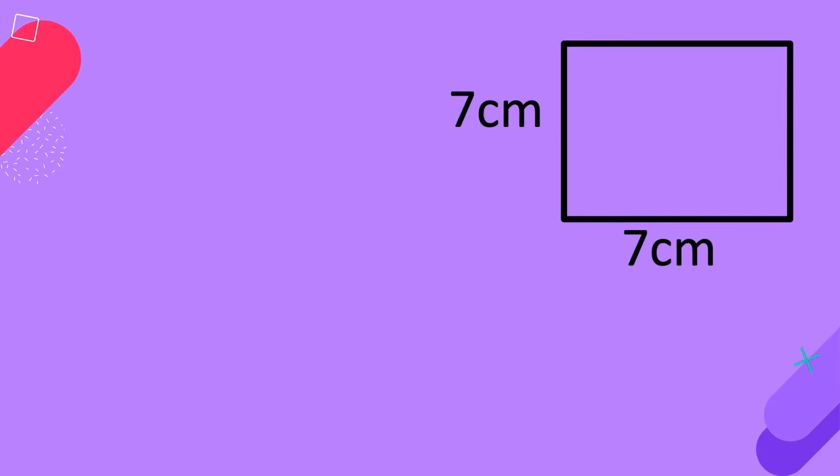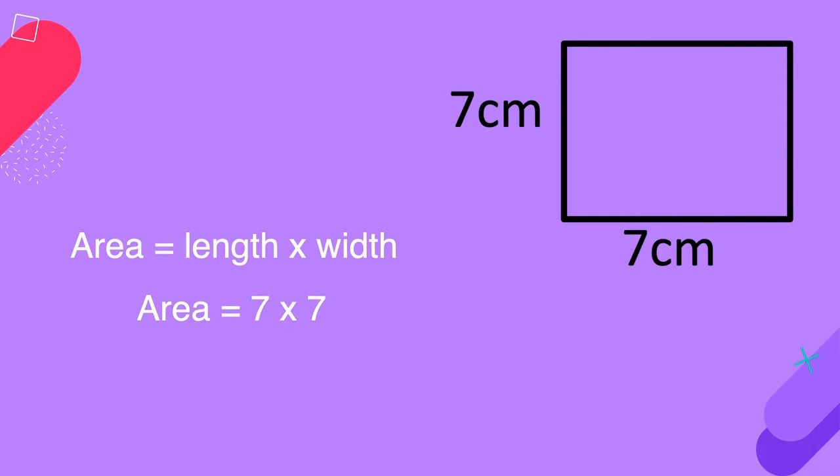To find the area, we multiply the length times the width. And based on our shape, the area would be 7 times 7, which gives us the product of 49. So my area is 49 centimeters, but not just 49 centimeters. You said it, 49 square centimeters.